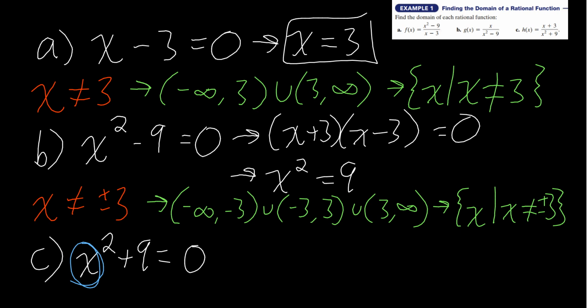There's no number that will give me a negative 9, without using complex numbers. So what this means is that the domain is all real numbers, since I cannot turn that into a 0. Okay, so it took us 15 minutes to get through one example. Today's one of those days.